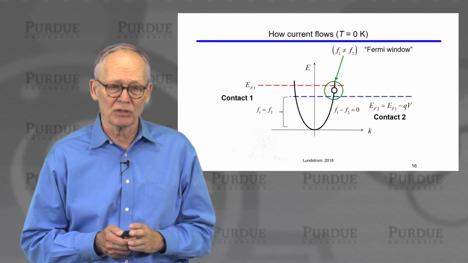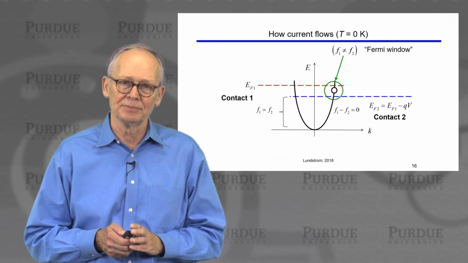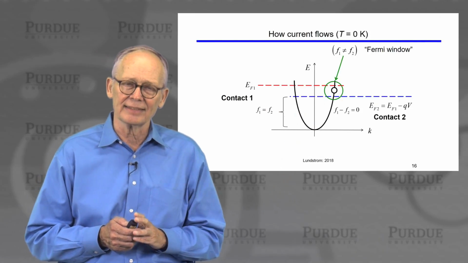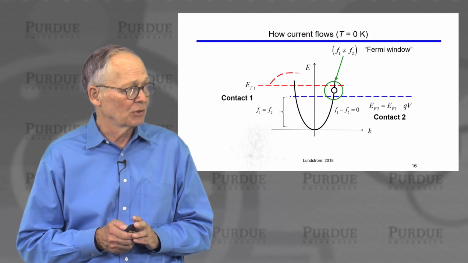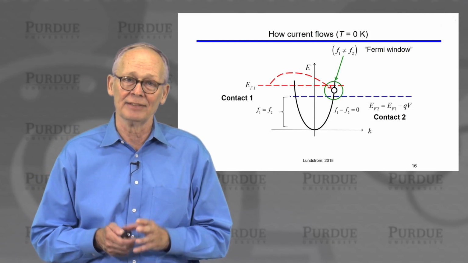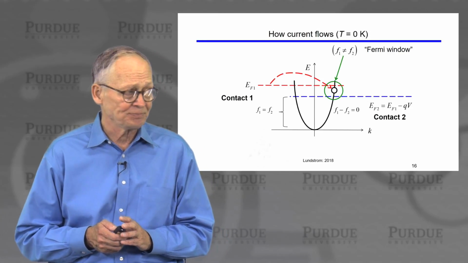Well, contact 1 looks at that state. Let's say that state is empty. Contact 1 looks at that state and says, that state is below my Fermi level. It should be filled. So contact 1 sends an electron in and fills that state up.